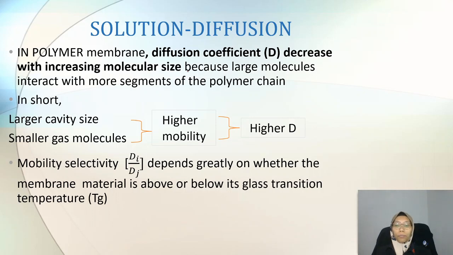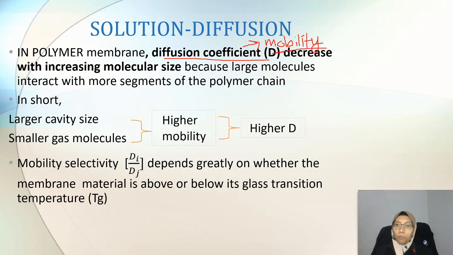Okay, we go one by one of the terms. In polymer membrane, the diffusion coefficient decreases with increasing molecular size. Remember, diffusion D is talking about the mobility of the molecules in the membrane.